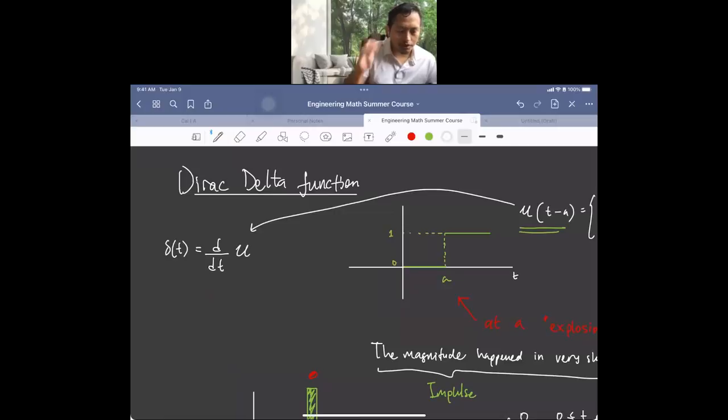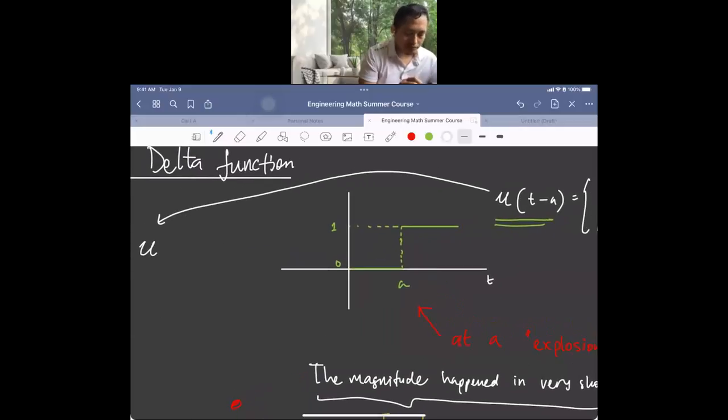So what we remember, if we look at the delta, is that if we integrate over all points, it's equal to just this point, right?